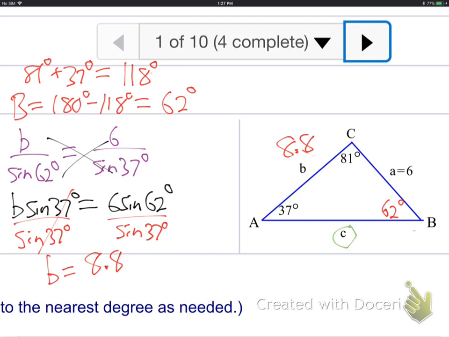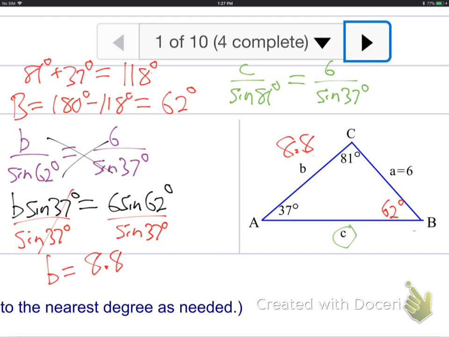So we're trying to find C. So C over sine of 81 degrees is A, which is 6, over sine 37.